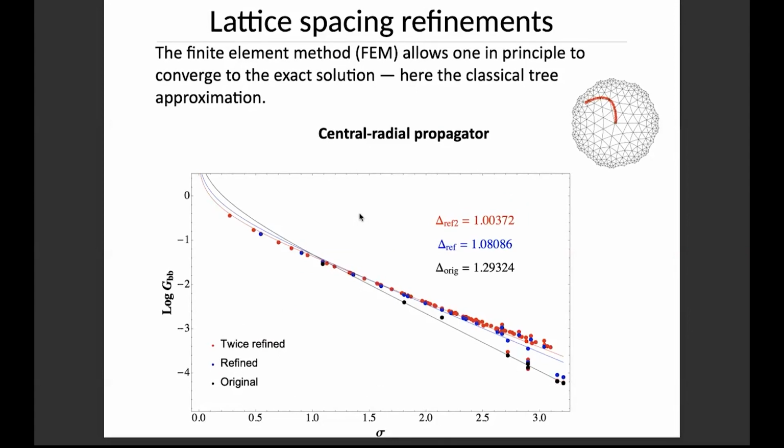Although that is certainly true, I'll just point out that when you do this refinement, so over here is a refined lattice, it's a little difficult to see, you don't have pure equilateral triangles anymore. You break the uniform regular tessellation of AdS space.